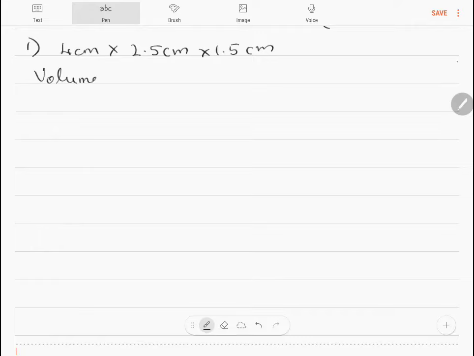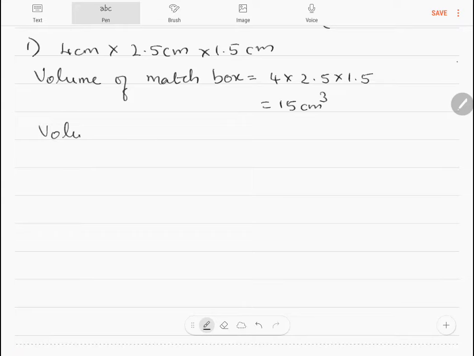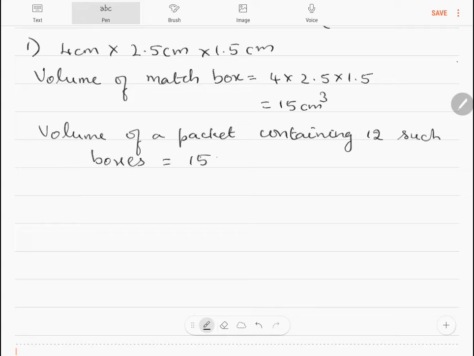Now the volume of a matchbox is equal to 4 into 2.5 into 1.5, which is equal to 15 centimeter cube. Now what is asked? The volume of a packet containing 12 such boxes is equal to 15 into 12, which is equal to 180 centimeter cube.